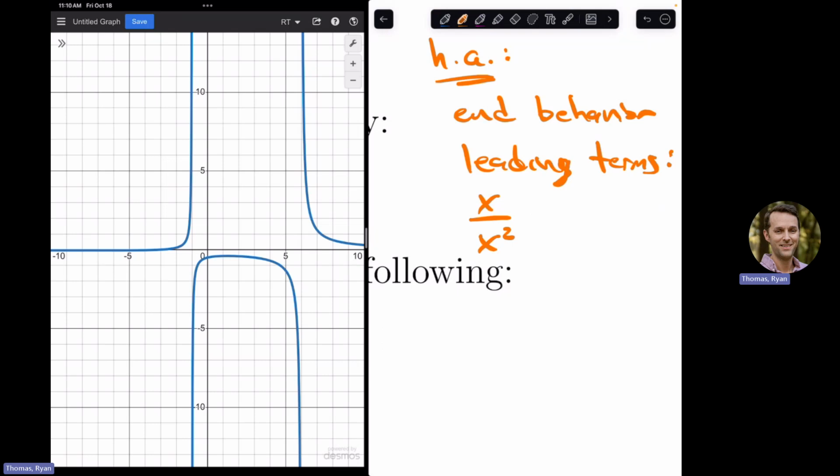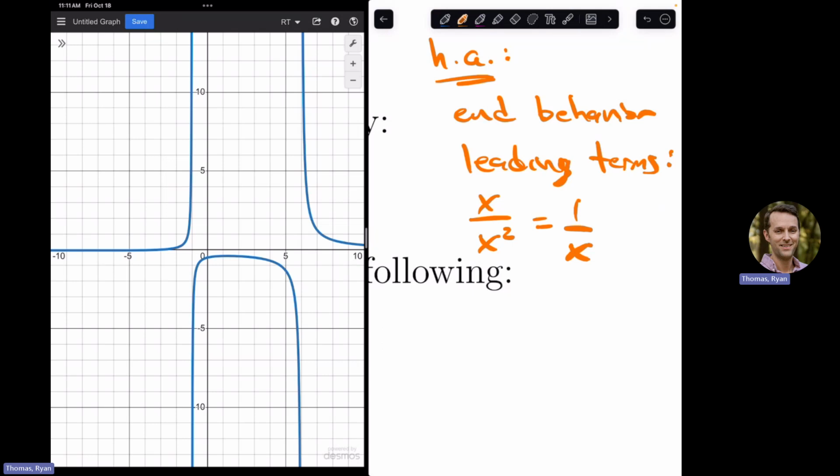The original function, I can't reduce or simplify anything there because there aren't any common terms. x over x squared, I can reduce that, right? What's x divided by x squared? Or how do you reduce that? 1 over x, right? It's sort of bottom heavy. If we're thinking about the degree, it's 1 copy of x divided by 2 copies of x. Well, you cancel and you get this.